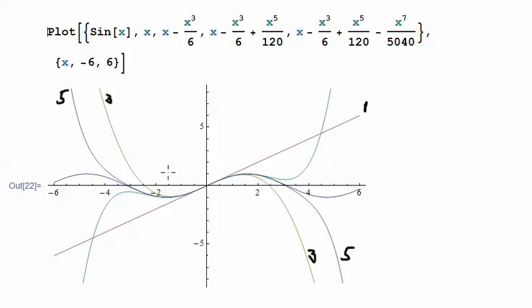They all start high and go low, or start low and go high. So the fifth order, actually maybe the green one is the fifth order, and the blue one must be the seventh order. And you can see that with each new term, it gets just a little bit closer to this sine wave.